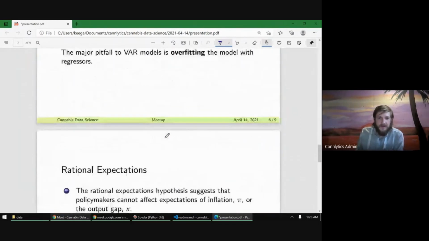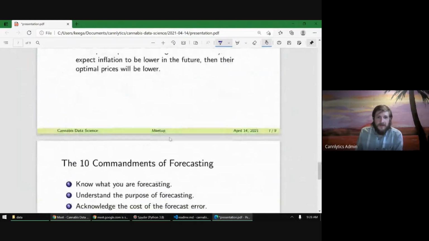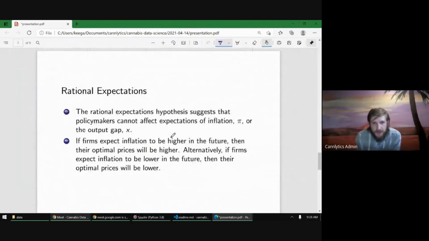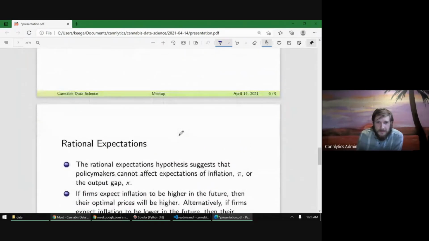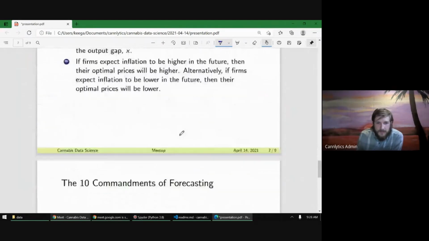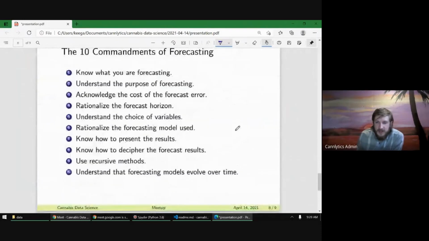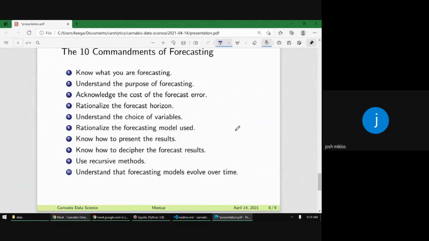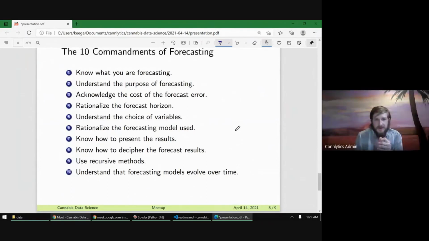And the way we're going to see this through is we're going to essentially measure the output gap. So we're essentially going to use our VAR model from earlier and forecast output, inflation, and the interest rate for the remainder of 2021 and perhaps into 2022.